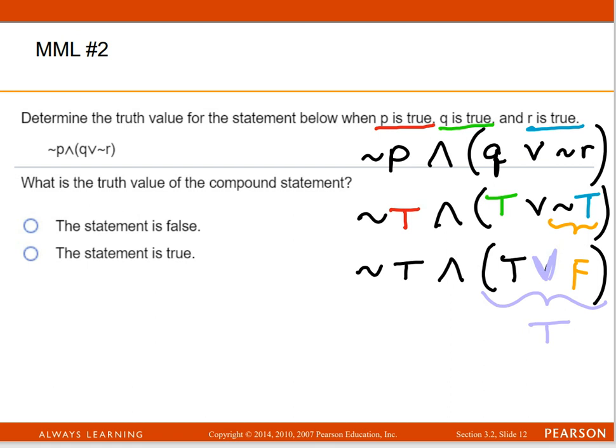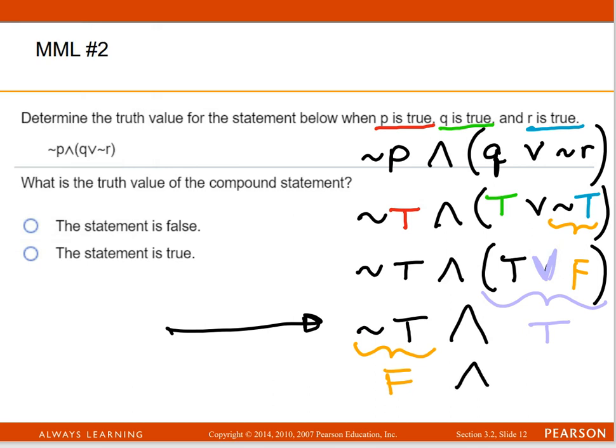And now we have the negation of true, and true. Parentheses are gone. So now when I'm looking at this row right here, the negation comes next. So I'm back to doing the negation. The negation of true means not true. If you are not true, you are false.